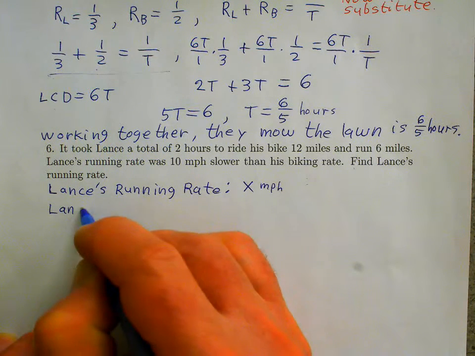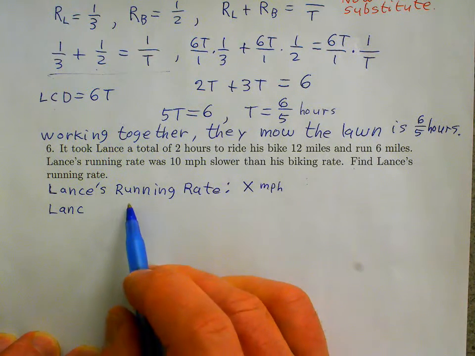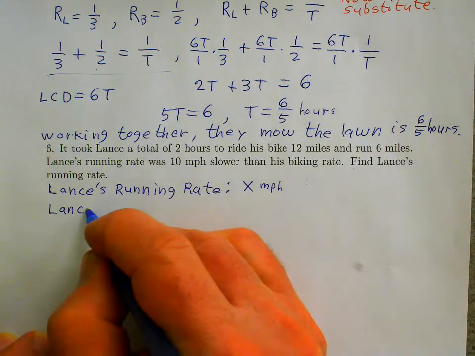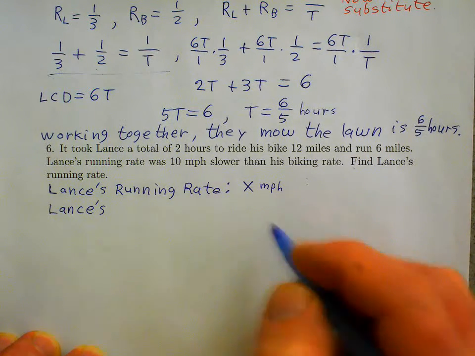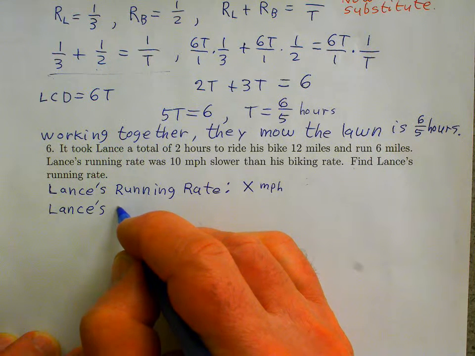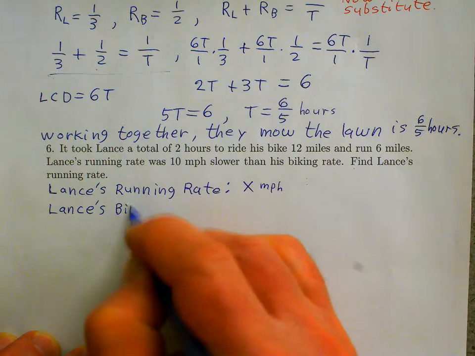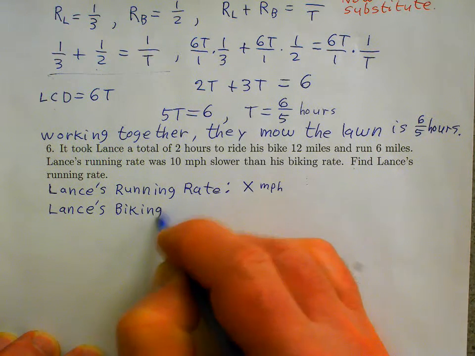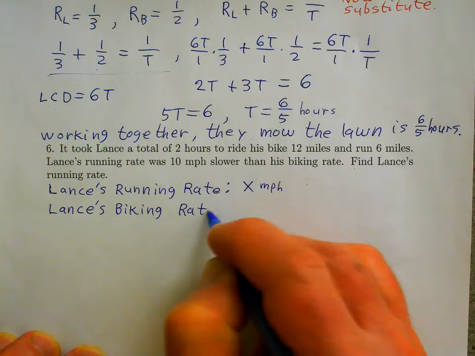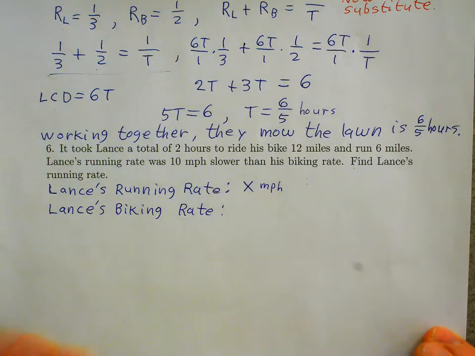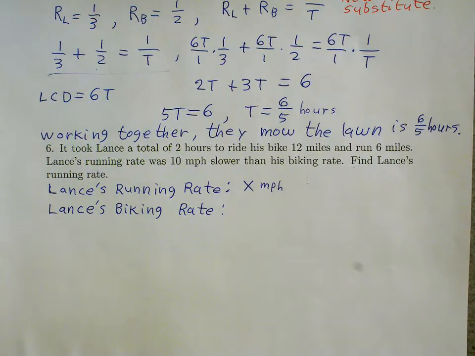Well, even though we're only supposed to find Lance's running rate, we have to use Lance's biking rate. So how should we express Lance's biking rate? It would be x plus 10.